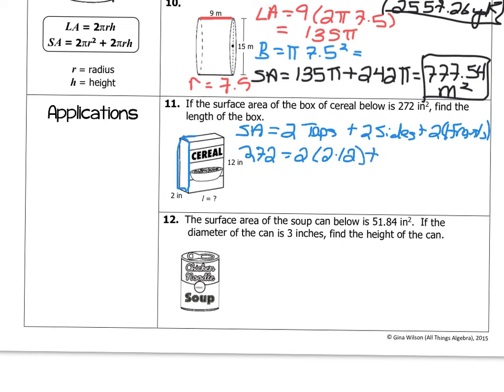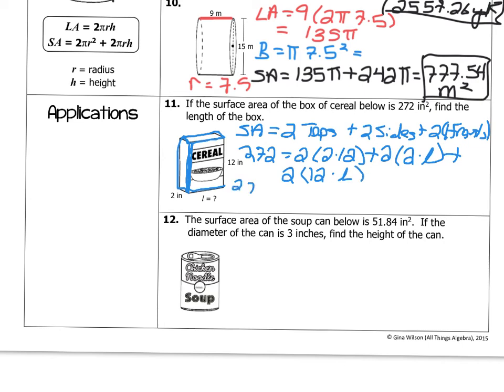Now, if I want to do the top here, that would be 2 times the length, which we don't know what it is, plus, now we're going to do the front. So 2 times, this is 12, and we don't know the length. 12 times the length.